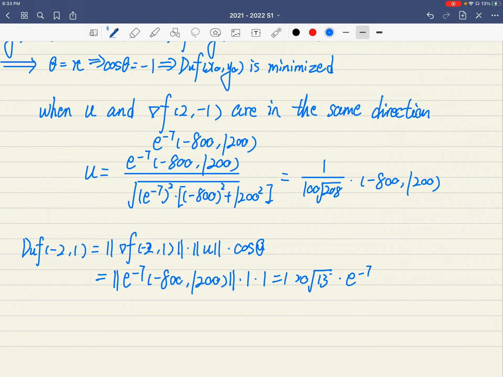It's going to be 1600 square root of 13 times e to the power of negative 7. Wait, I think, no. It's 400, yeah.